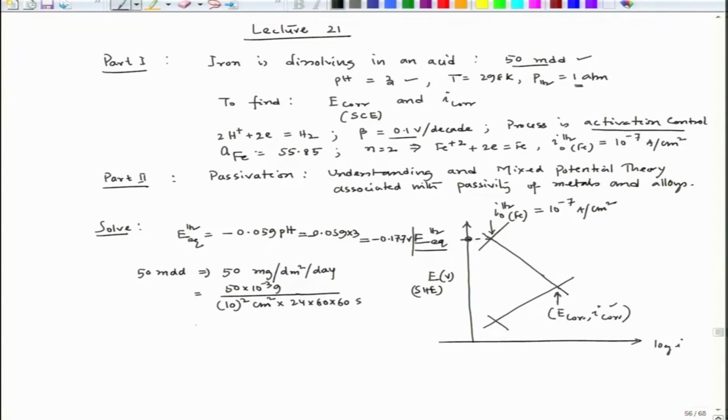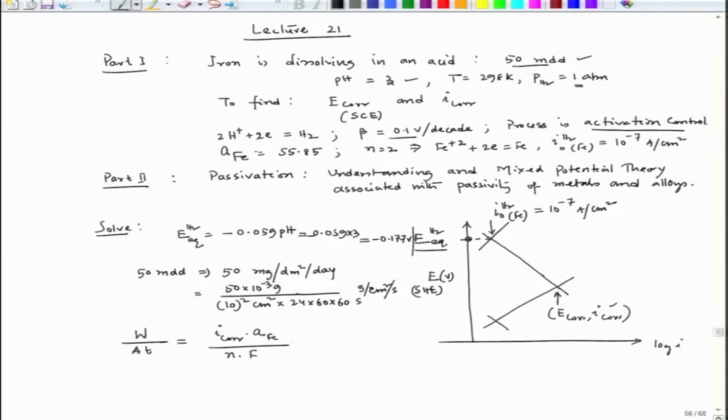So, this becomes my gram per centimeter square per second. So, mdd can be expressed with this W by AT equal to I core, iron divided by N F.